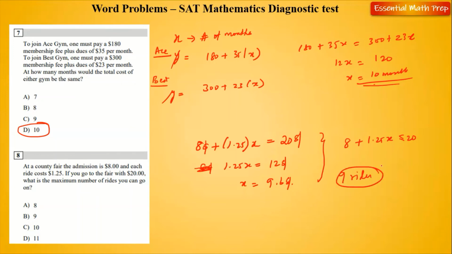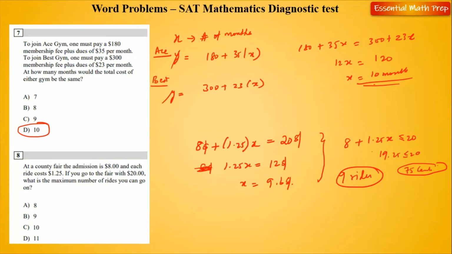Because if I put in 9, 8 plus 1.25 times 9 is 19.25, which is still less than $20. That means you'll be left with a 75 cents balance at the end of the day. So he cannot go on 10 rides, because for that he should have carried $20.50, but he only had $20.